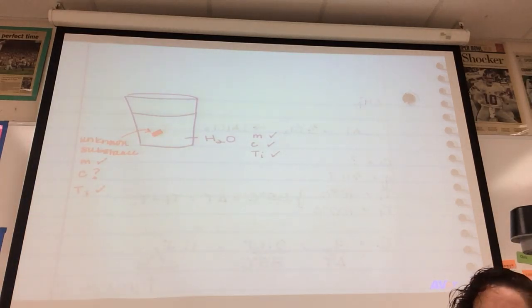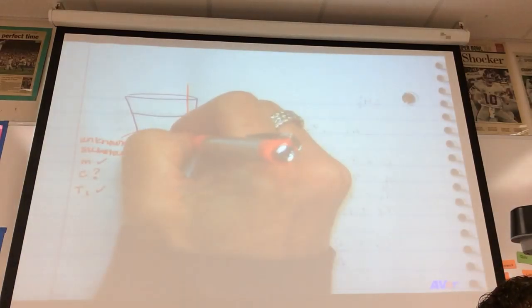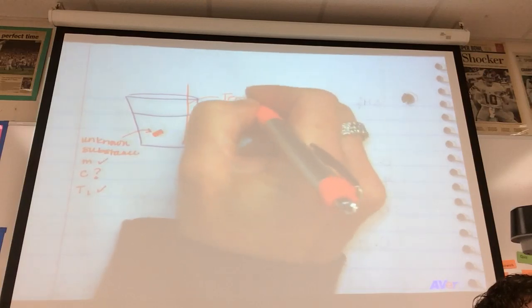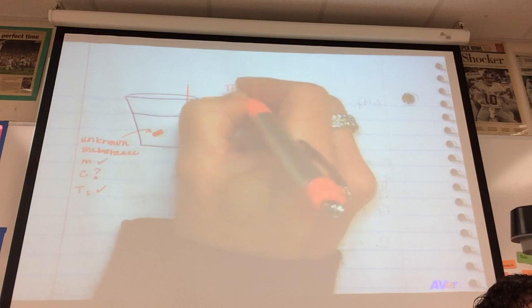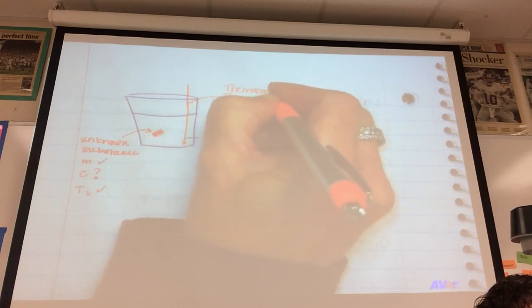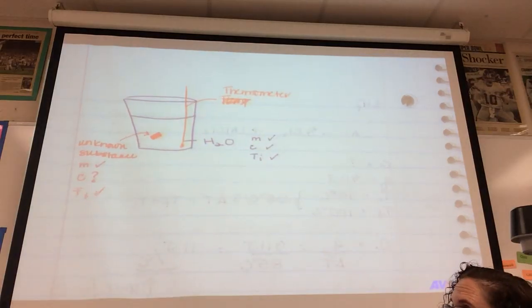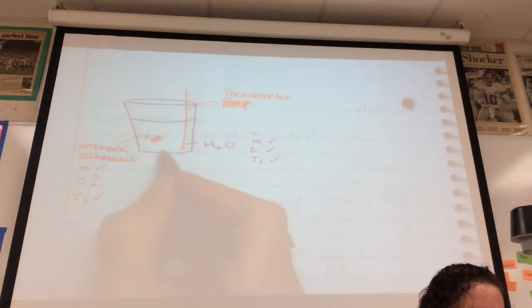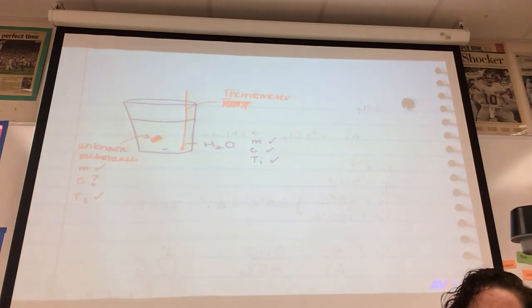You also, of course, need a thermometer so that you can measure temperature change. And some type of stirring apparatus, usually a stir bar, and it's on a stir plate. I won't draw it all in.